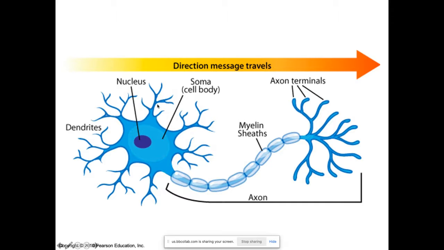So we have dendrites, which bring information into the cell body. And the cell body is sometimes called the soma. And then the soma, or the cell body, sends that information away, this way, through an axon.